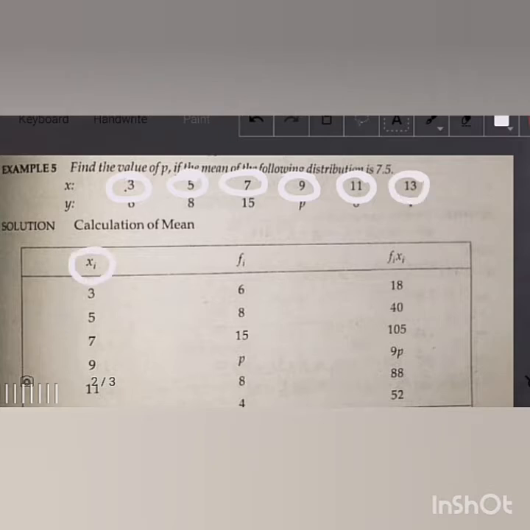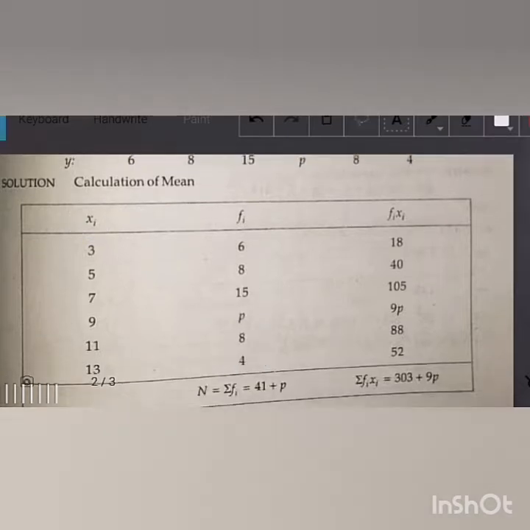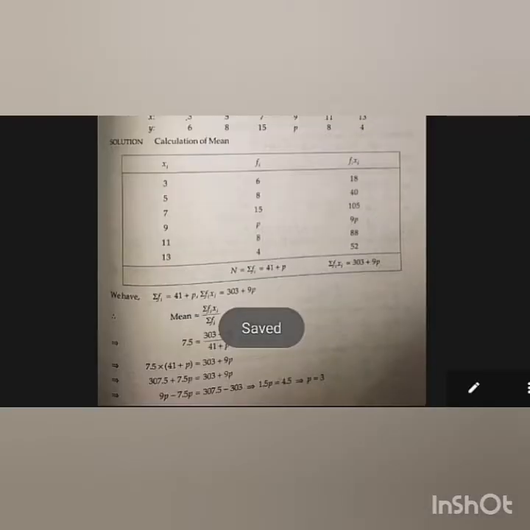In our previous problems they gave class intervals and we found the mid values, but in this problem the mid values are directly given in the table itself. The values are 3, 5, 7, 9, 11, 13.